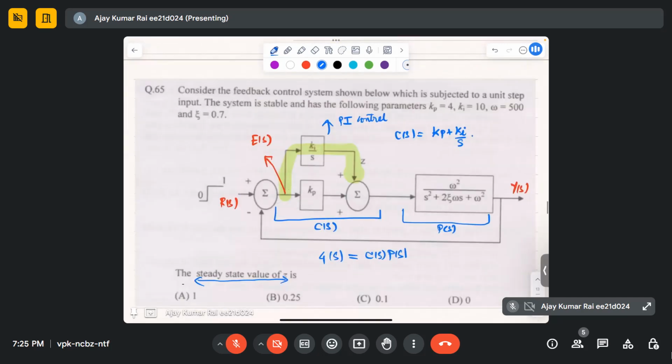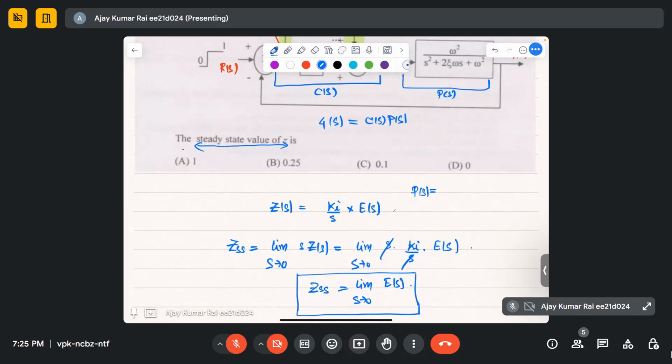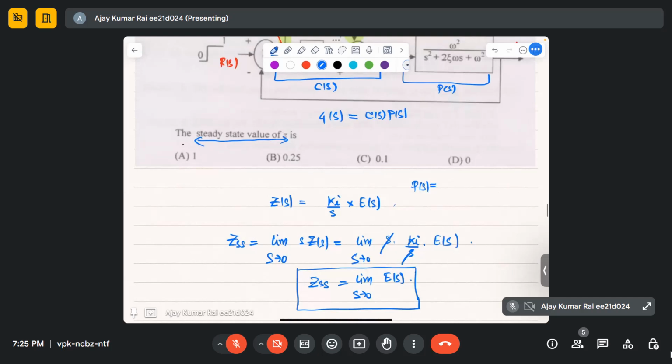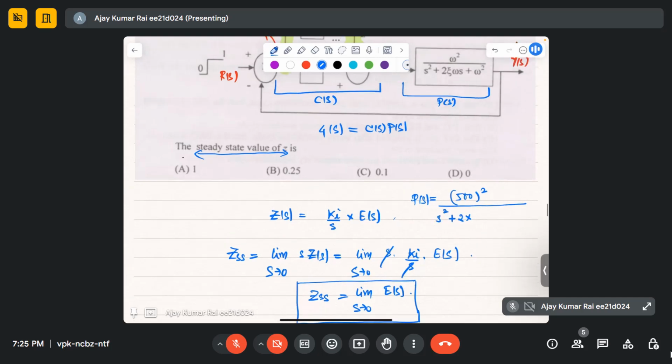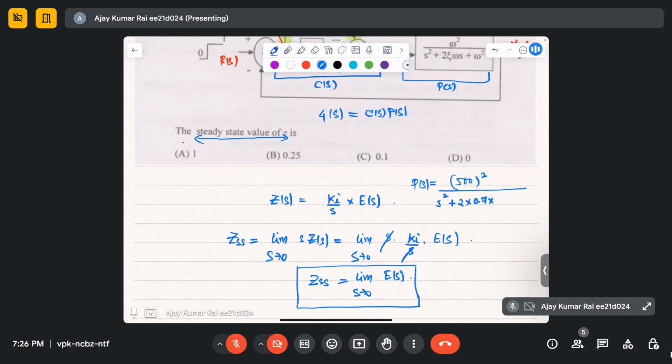Okay, so let's use the values. Okay, let me write the PS here. Omega n is 500, square, plus 2 zeta, zeta is 0.7, into omega n, which is 500, S, plus omega n square. Okay, there is an S term also here. Plus 500 square.